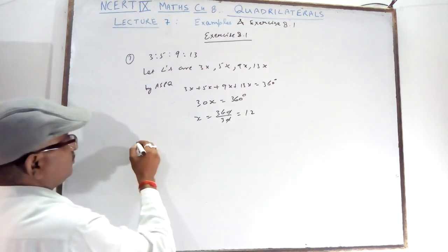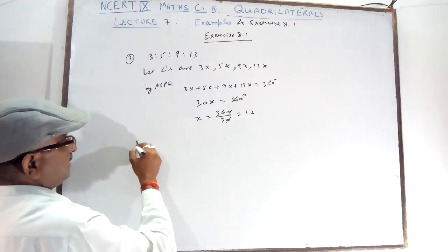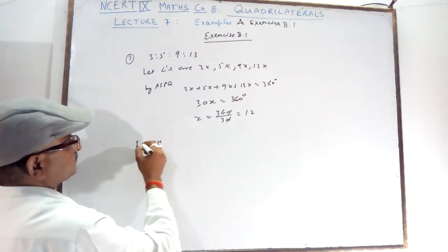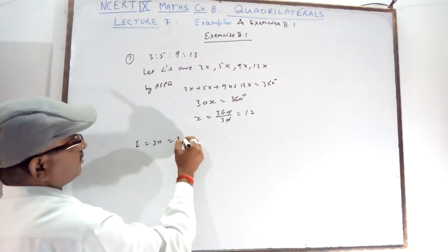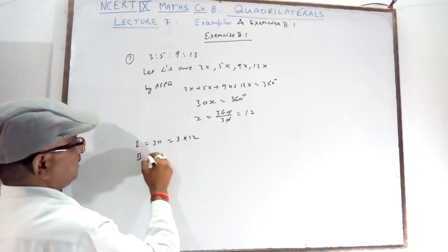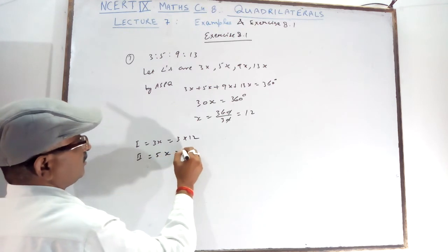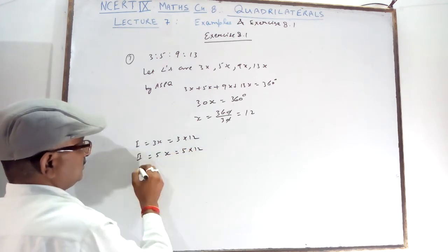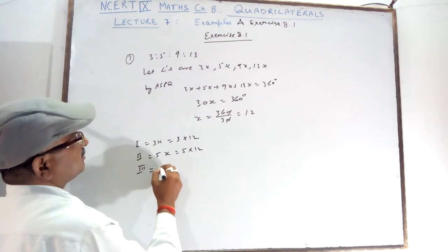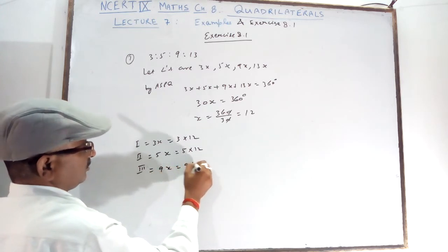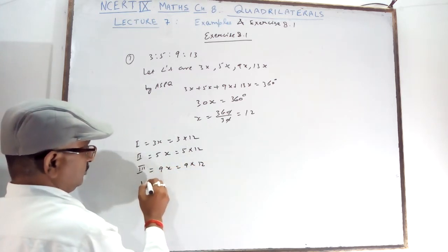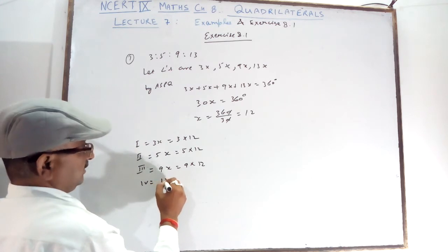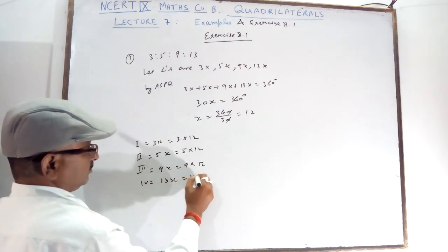x is 12. So the first angle 3x is equal to 3 into 12, the second angle 5x is equal to 5 into 12, the third angle 9x is 9 into 12, and the fourth angle 13x is 13 into 12.